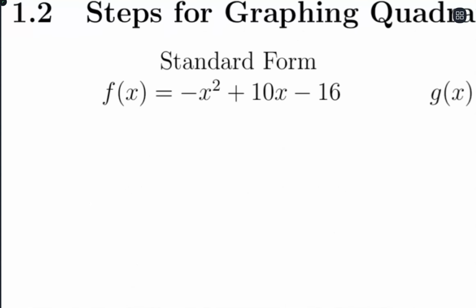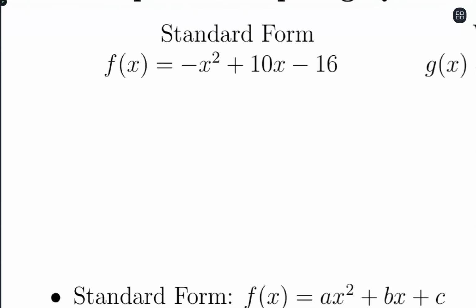So in standard form, information that we have coming through here. In that last video, that's what we were working with. It was that idea that we're seeing a value for a, like in this case, this negative x squared plus 10x minus 16. So we have a equals -1, b equals 10, and c equals -16.